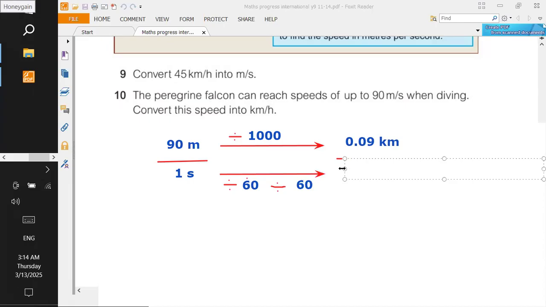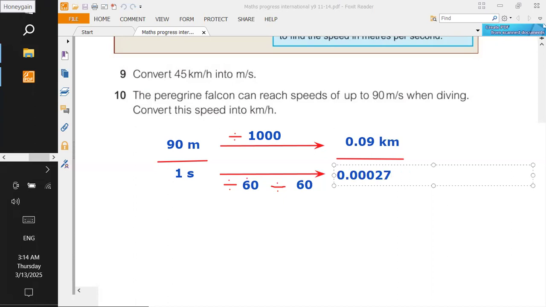Yes, I'll get a big number, which is like this. Let's write it. 0.00277, and it looks like the 7 is a recurring number. Or I can write it as a fraction, which is 1 over 3,600.